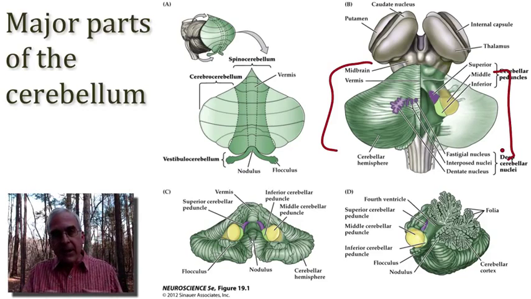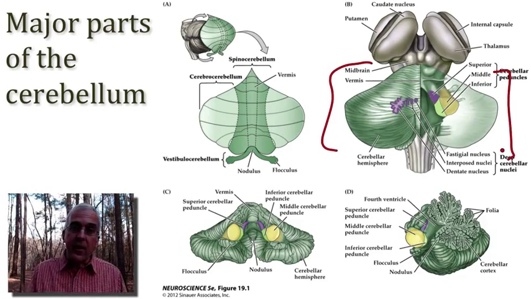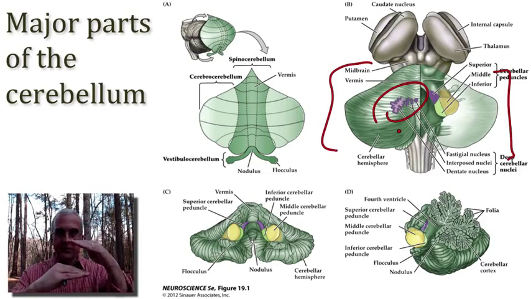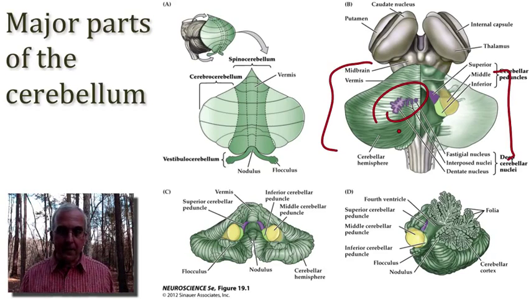In addition to there being an outer cortex, very much like a cortex of the cerebrum, there are deep nuclei that are buried down in the depths of the white matter of the cerebellum. So if we were to peer down into the core of the cerebellum, right along the roof of the fourth ventricle, we would see some gray matter, and these are called the deep cerebellar nuclei. So the gray matter of the cerebellum is organized into two tiers of processing. There's an outer cortex, and then there's an inner mass of deep nuclei.